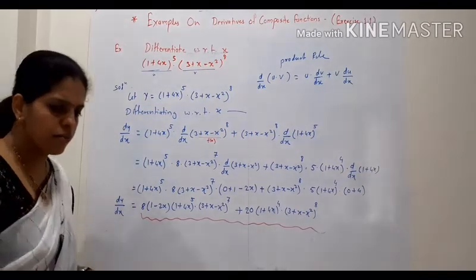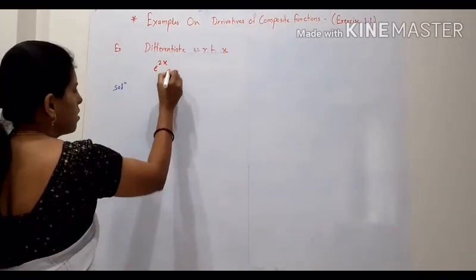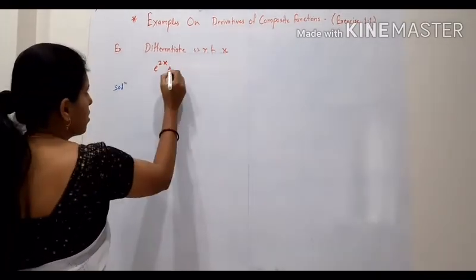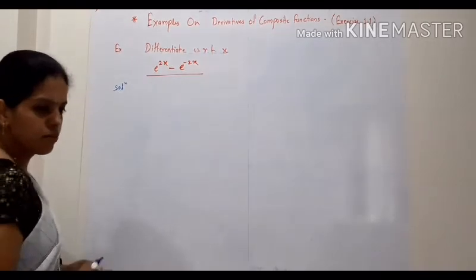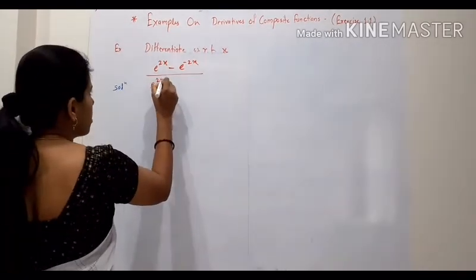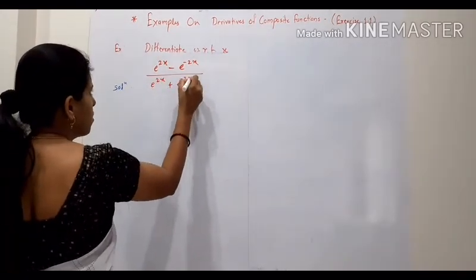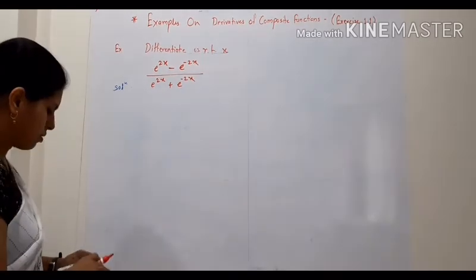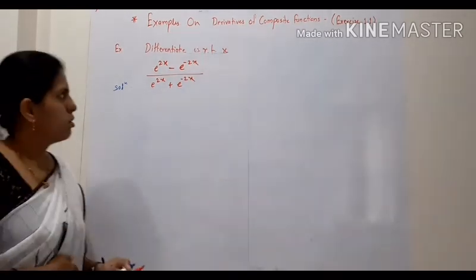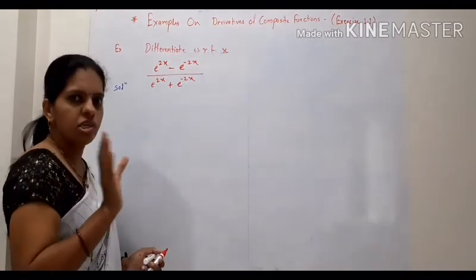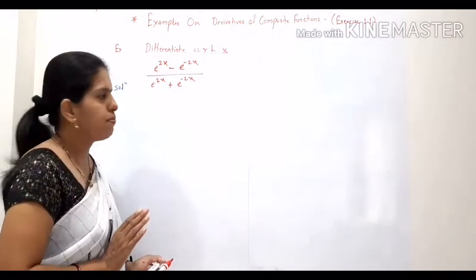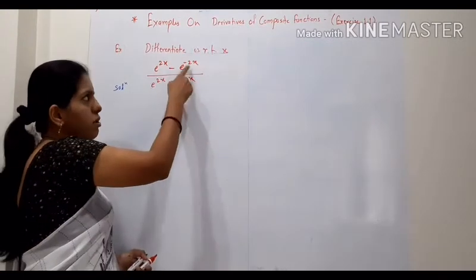See one more example. e raised to 2x minus e raised to minus 2x upon e raised to 2x plus e raised to minus 2x. So here it is an exponential function. The change you can see here is plus 2x and minus 2x.